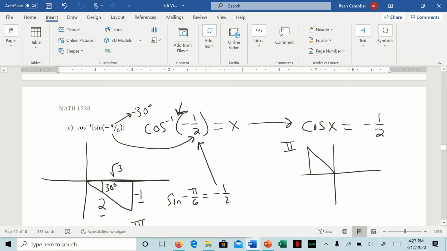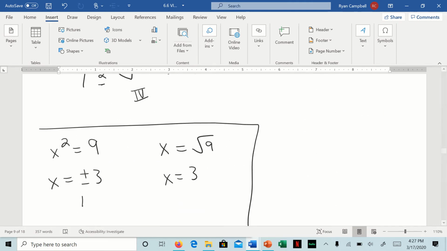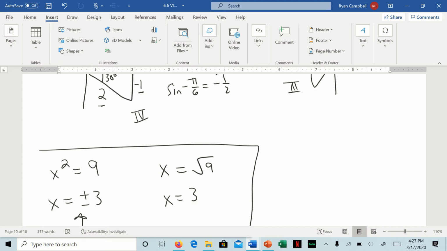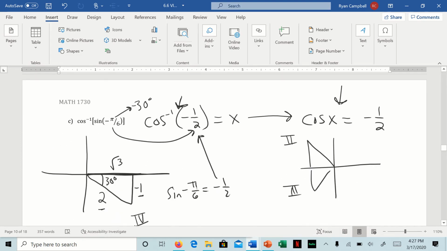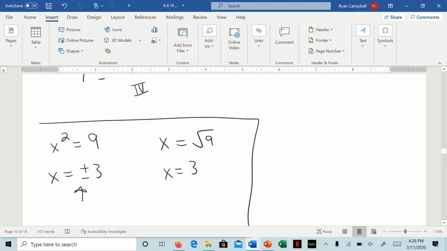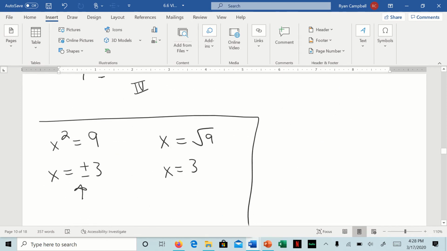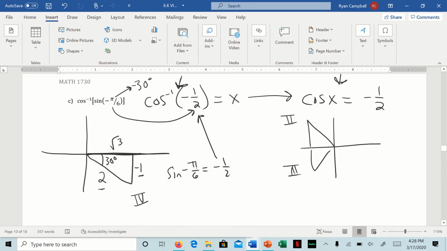If it just gave you cosine of x equals negative 1/2, we would be in two different quadrants. We absolutely would. Just like how if I gave you the square, we would have two different answers. However, since this gave us the inverse, we know that we're in the second quadrant, just like how here we know we would want the positive. Hopefully that analogy makes a little bit of sense.